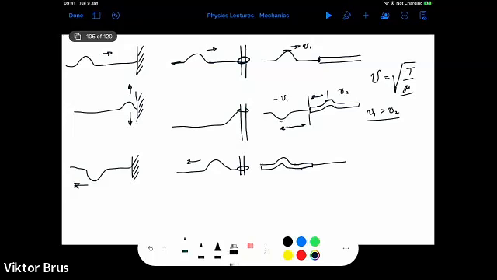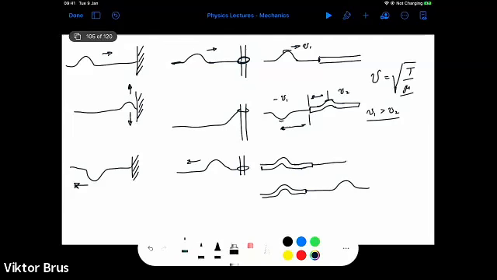However, the reflected wave will not be inverted, so it will actually be the same. Here it will also be upwards, but it is not very correctly drawn, because here there should be a larger distance, something like this.